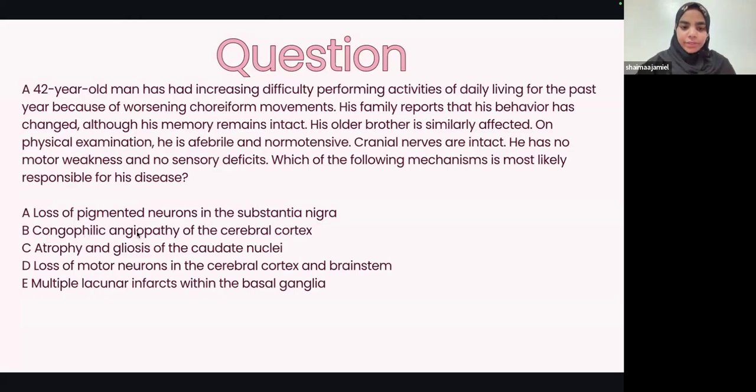What about B? Congophilic angiopathy of the cerebral cortex. Congophilic. If we break it down, congophilic means it attracts the Congo red stain. So what substance do you look at with the Congo red stain?